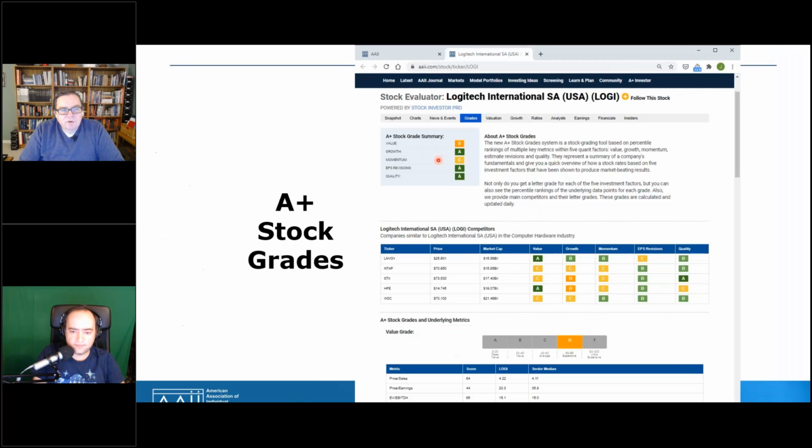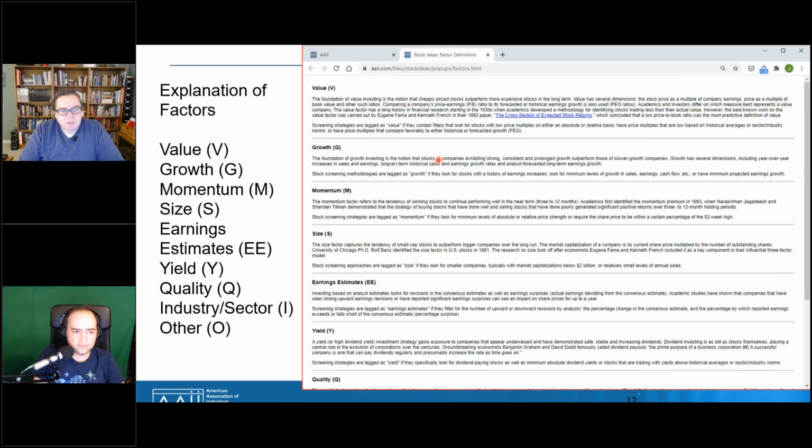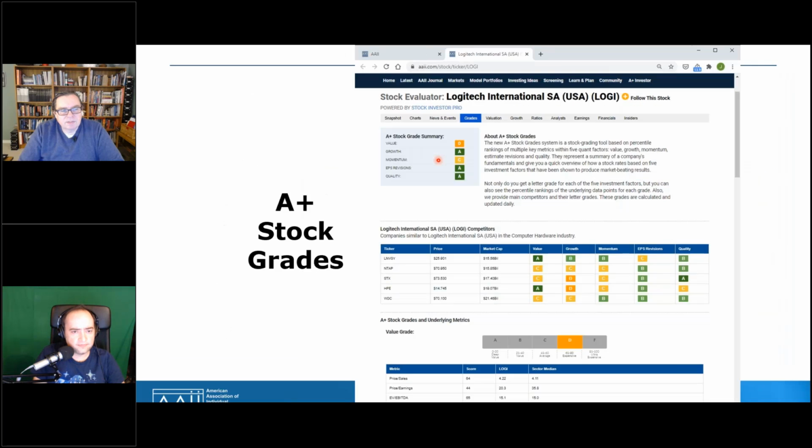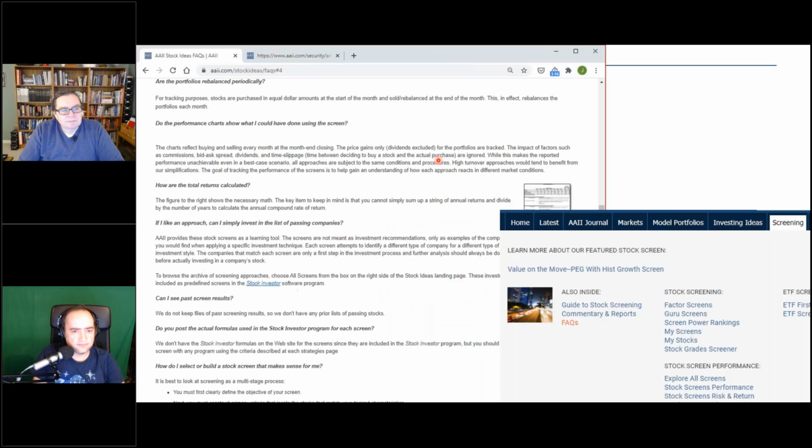Sure. Yeah, and if you go to the FAQs section of our website, it goes into it in greater detail than we perhaps want to hear, but we basically are very simple in our approach. We take a look at the stocks that pass, and we simply use the closing price of 1 month versus the closing price of the prior month.